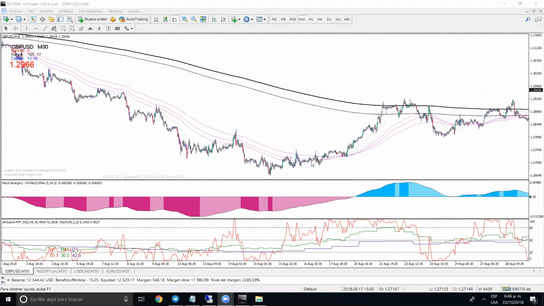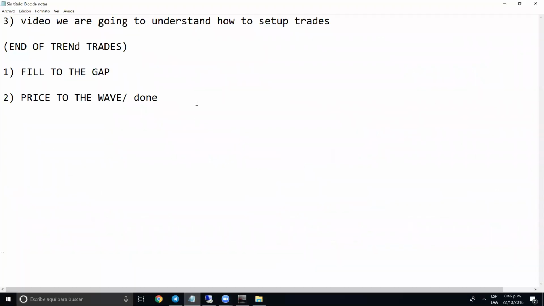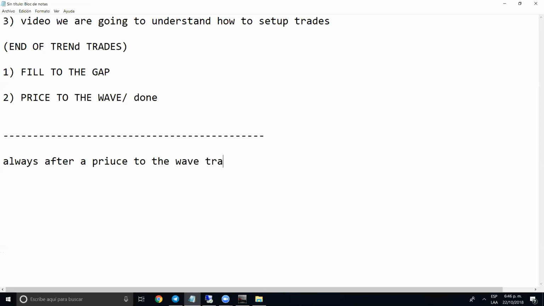Let's use this example. This usually happens: always after a price to the wave trade, we can find a fill to the gap. Okay, this is the trade.